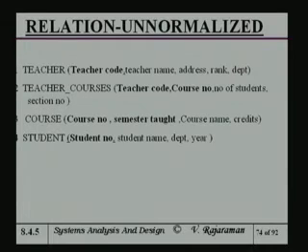And let's look at the third one. Course number, semester taught, course name and credits. Well, there is no problem here, because course name and credits are not dependent on a partial part.